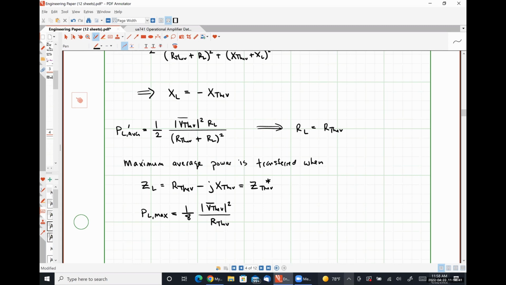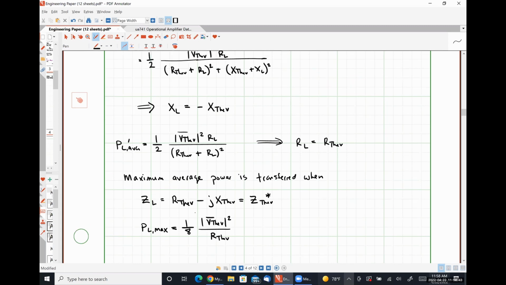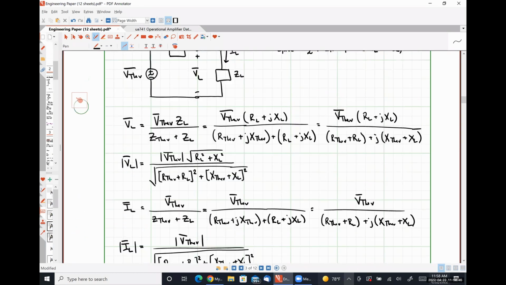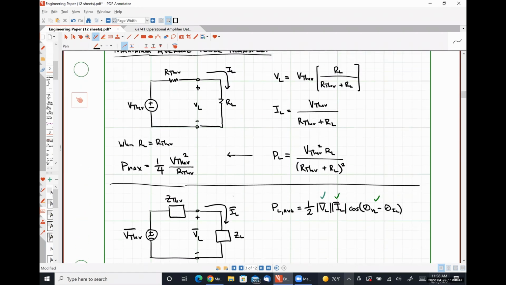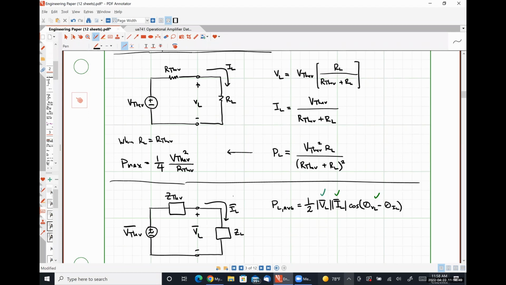This is exactly the same as we have right here, except that we have that extra factor of 1/2 because we're multiplying sinusoidal functions.